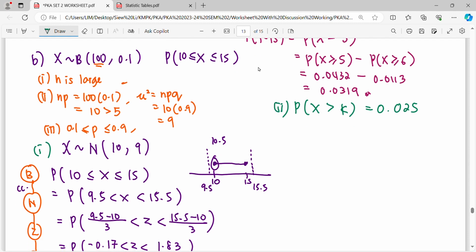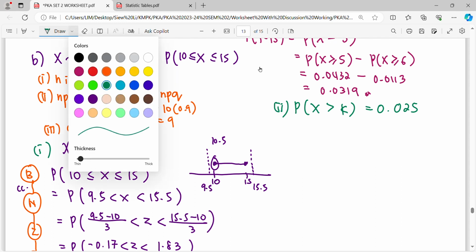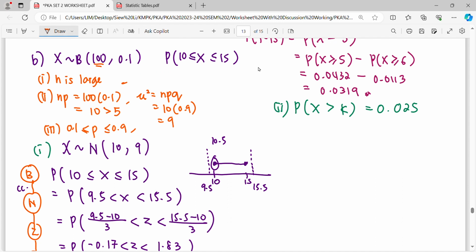So just now, we noticed that our sample is too big, then we changed to normal, right? This question is also under the same binomial distribution, 100 and 0.1. So this question also starts as binomial. Where the binomial distribution is not suitable, only then do we change to normal.